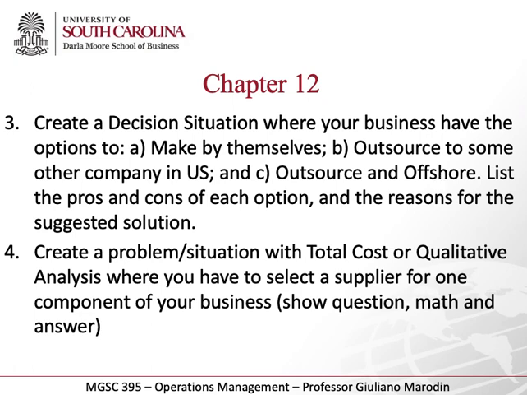I would suggest you create a table and say, okay, this company has this component or this service, and we don't know if we're going to make it ourselves, have it done by another company in the US, or by another company in another country, right? And then you say what the pros and cons of each option are and the reasons why we think it should be this one, okay?